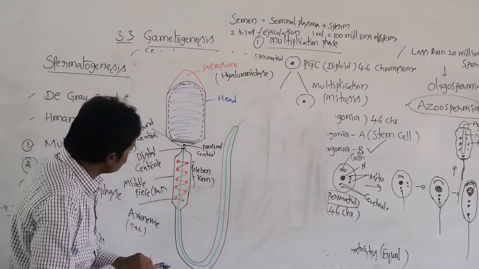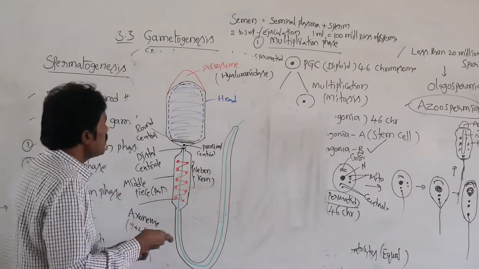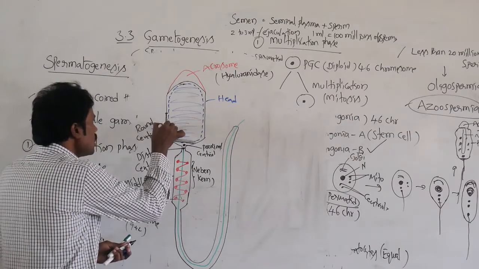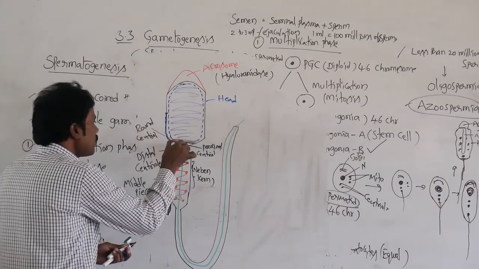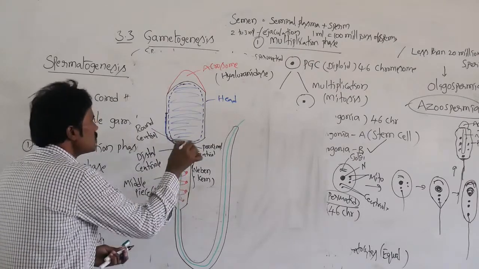Then here the posterior end: half of the posterior, the neck part as well as the middle piece.